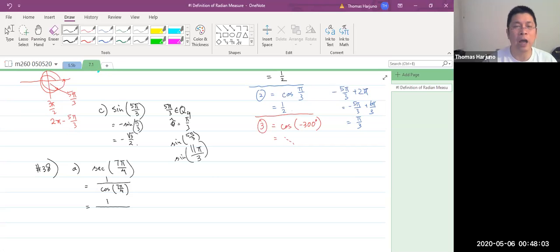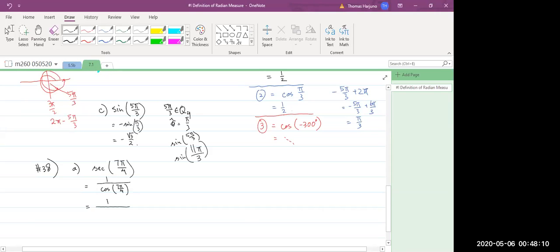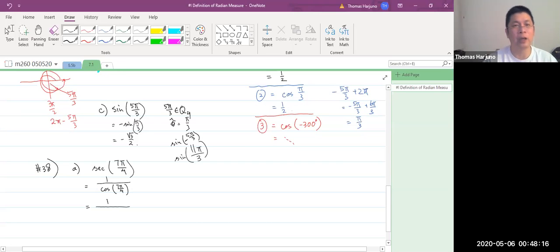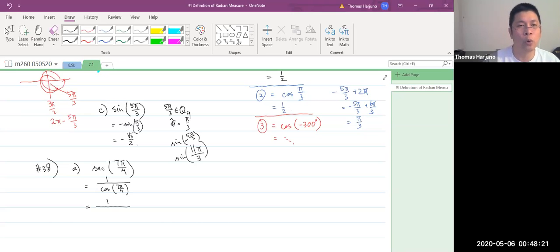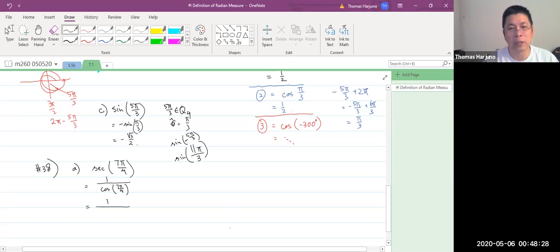But I don't think you want to add 2 pi though. This is not negative 5 pi over 3. So if it's negative, that's the only time we add 2 pi? Well, if it is negative, one way to do it, it's not the only way, you find a coterminal angle. Coterminal means, let's say, where's my circle? So negative 5 pi over 3 is actually going this way, right?